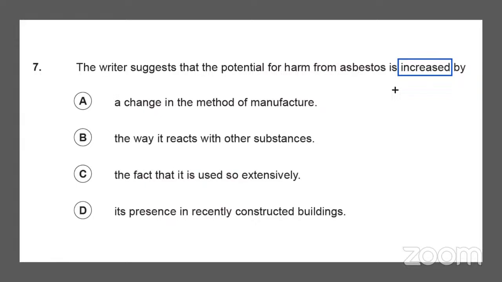Now in A, what is the most important word? Come on, all of you. A: a change in the method of manufacture.